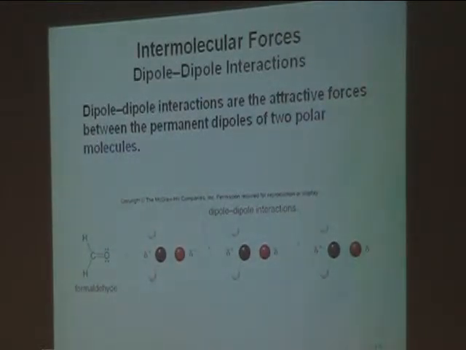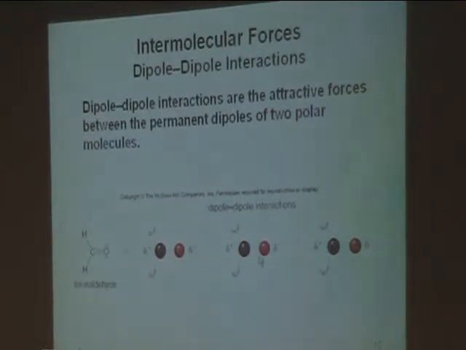What is a dipole-dipole interaction? Let's say that you have formaldehyde here. You have CH2O here. We have oxygen here, and then we have carbon here. It is an attraction between the same molecules. A dipole-dipole interaction is an attraction between two molecules. Now, how does this happen? There are two things I want you to focus on: orientation.